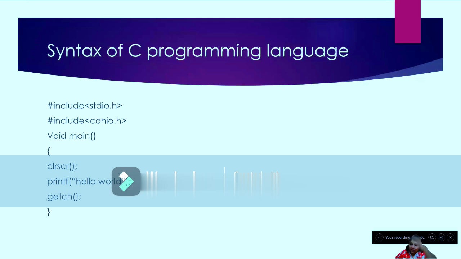Before running the program, it will clear the memory and show you the output. clrscr is also a function that is included in conio.h. And printf is a function of stdio.h, that is standard input and output, and getch is a function of conio.h.